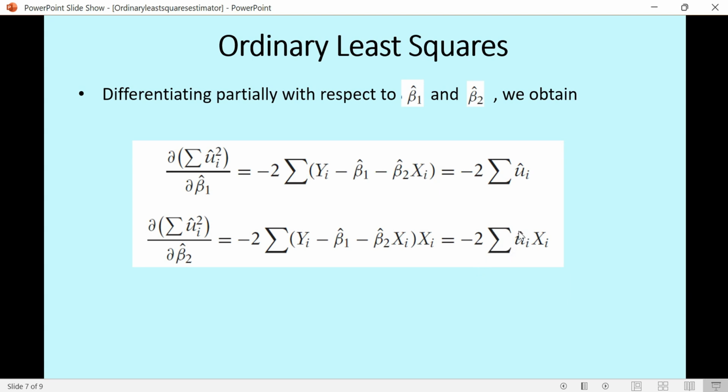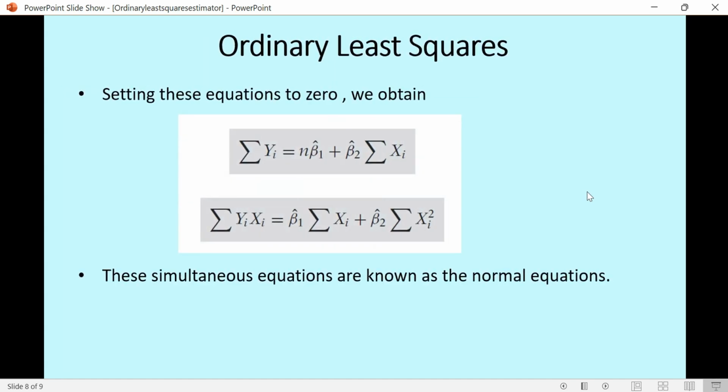This form actually is each residue hat times each xi, then take summation. Because we want to make this residual sum of squares as small as possible, one requirement is we have to make these two items 0. This is optimization theory, right? So if we make these equations 0, we can get these two equations.